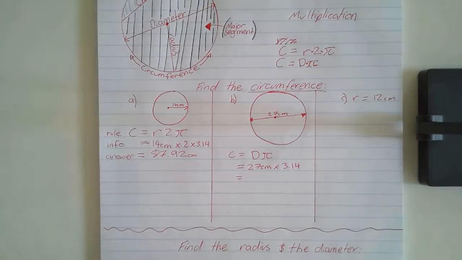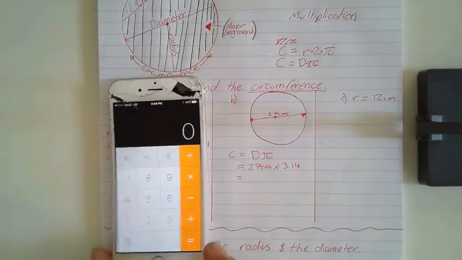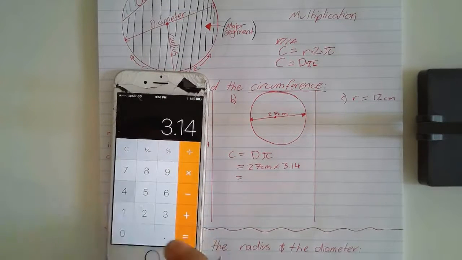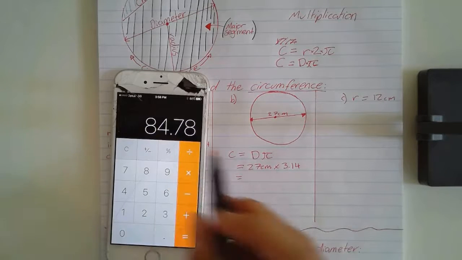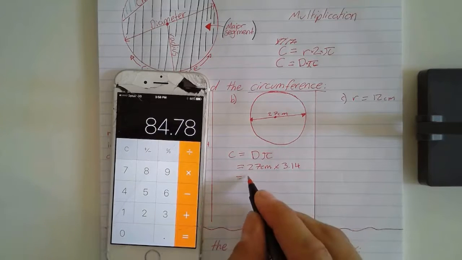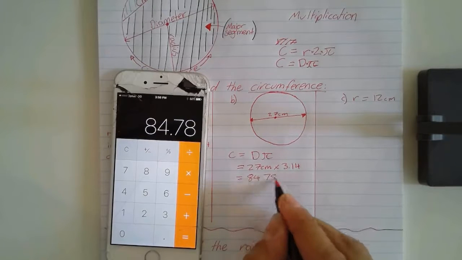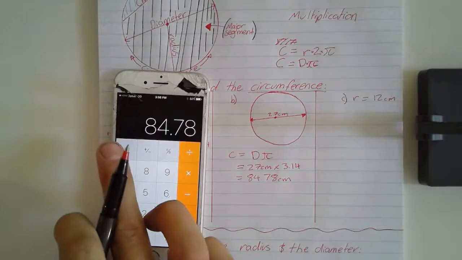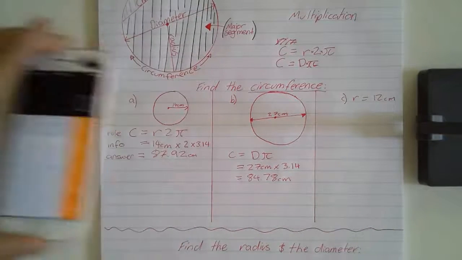This equals, again, get the trusty calculator out, 27 times 3.14 equals 84.78 centimeters. Clear that, put that aside.